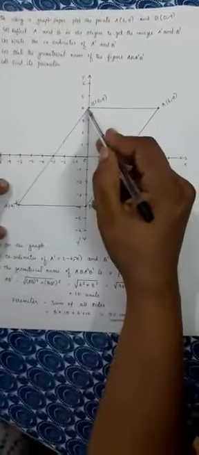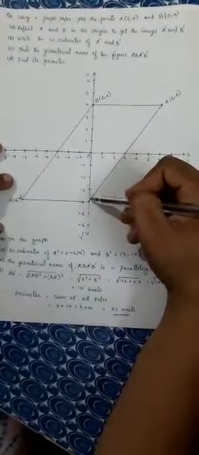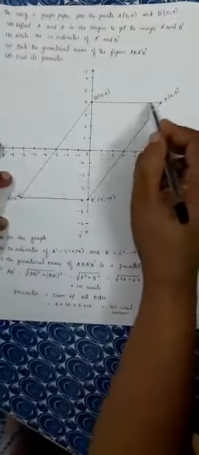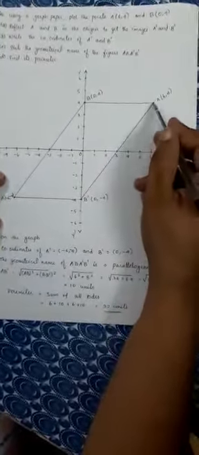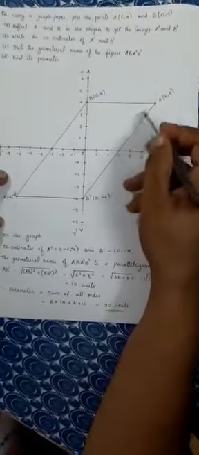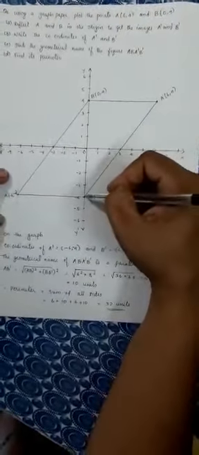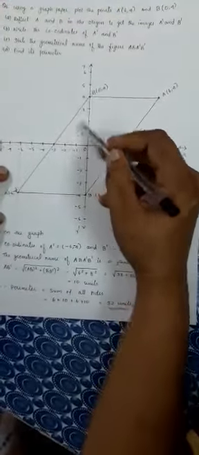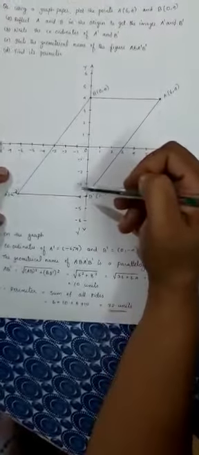But you don't know the length of B A dash or A B dash. But you know A B B dash is a right angle triangle and this is the hypotenuse. Therefore, A B dash is equal to square root of A B square plus B B dash square.